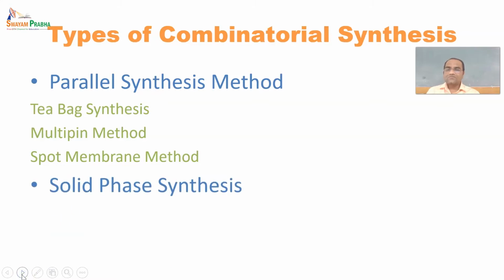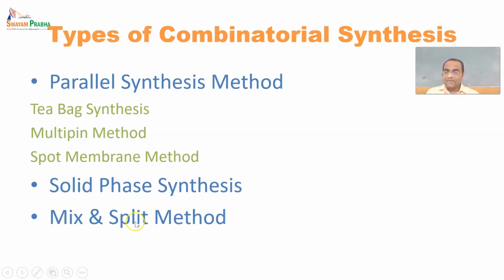We will elaborate each method. After that, the second class of synthesis is solid phase synthesis. Again, the name itself indicates solid. There are some anchors and linkers joined to a solid resin, and the reaction is carried out. After that, the mix and split method.